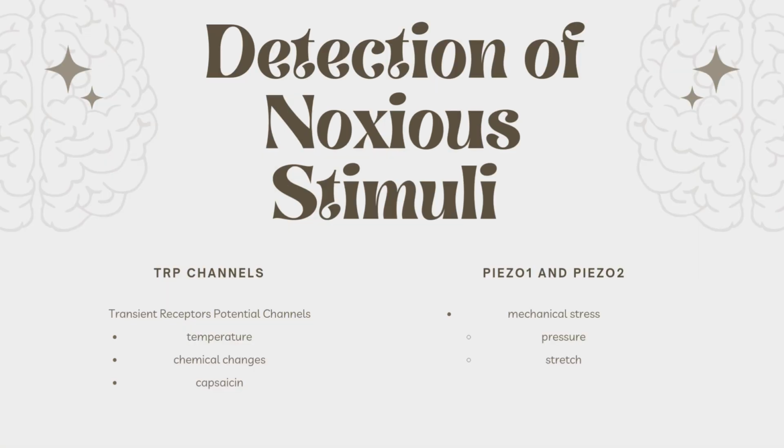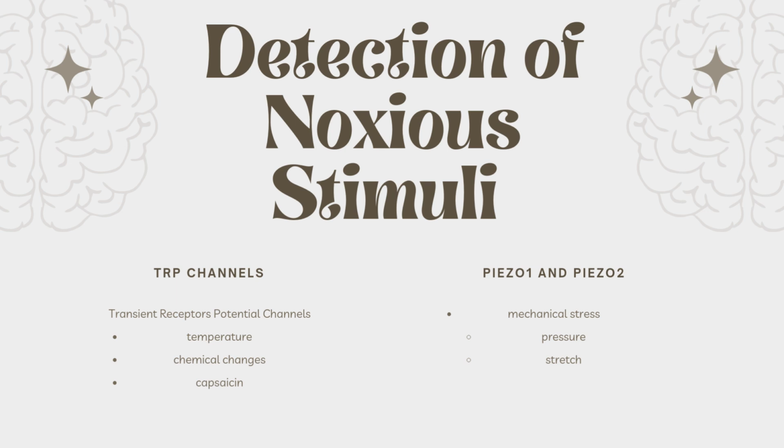So with that, we have to obviously talk about the detection of those stimuli themselves. At the heart of nociceptor function are ion channels and receptors, proteins that are embedded in the cell membrane that detect and respond to that stimulus.